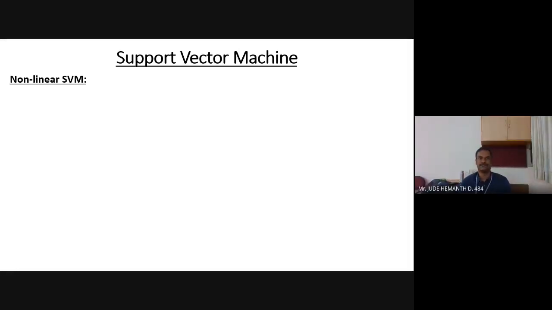Non-linear SVM, right? That is what we are going to see today. And if I say non-linear SVM, then you can clearly understand that we also have another concept called linear SVM. The majority of the concepts which we saw earlier fall under the category of linear SVM. So first you must know what is meant by linear and non-linear.